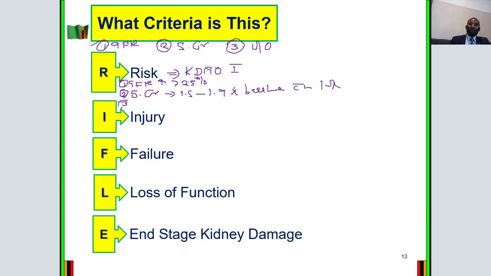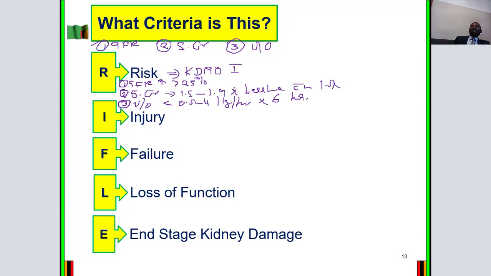Using the urine output criterion, the urine output is less than 0.5 mL per kg per hour for 6 hours. So that's stage 1.